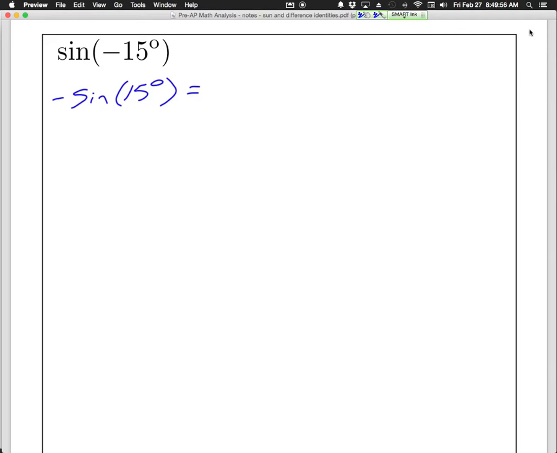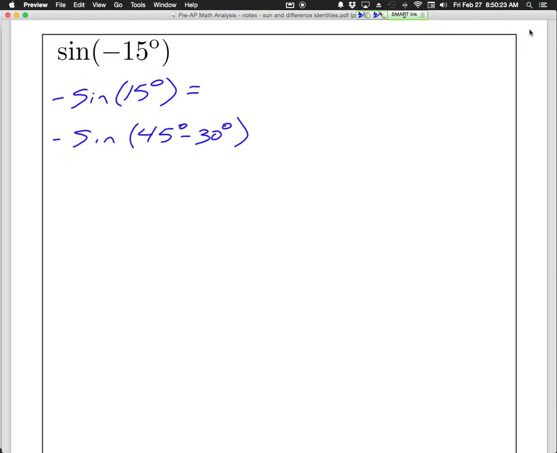So what are 2 angles I know how to find the exact value of that are added or subtracted to give me 15? 45 and 30, or I could do 60 and 45. Either way, it's going to give you the same answer. So this is the same as negative sine of 45 minus 30. Everybody agree that 45 minus 30 is the same thing as 15?